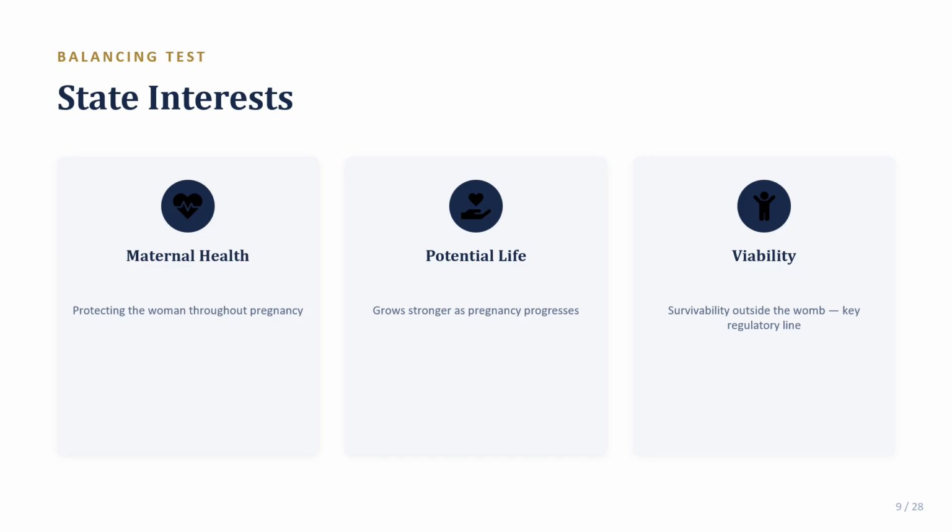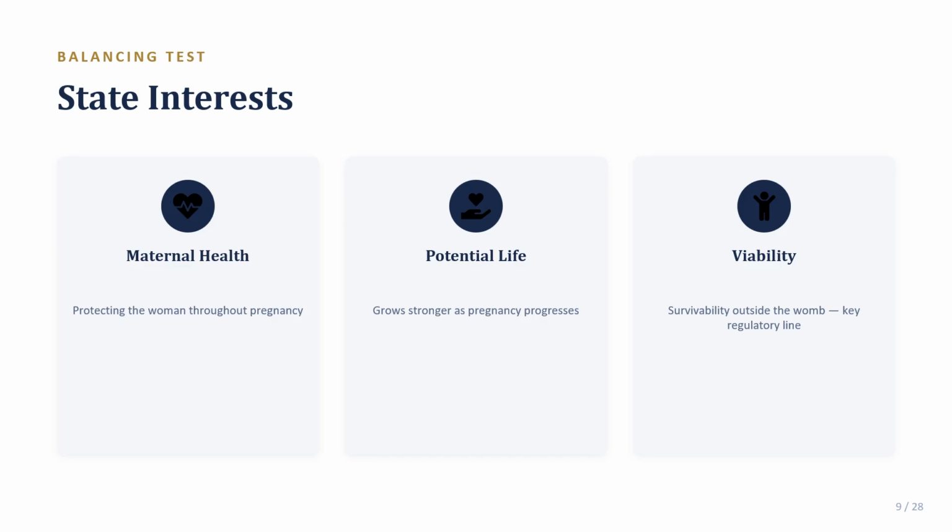So let's talk about these interests that Roe's balancing test actually weighs against each other. So we have the maternal health, the potential life, and viability. Maternal health is the state's interest in protecting the woman herself throughout pregnancy. Okay, an interest the court recognized as growing more legitimate to regulate around as the pregnancy and the medical risk associated with the procedure itself also progressed.